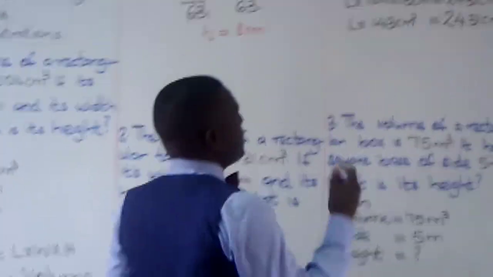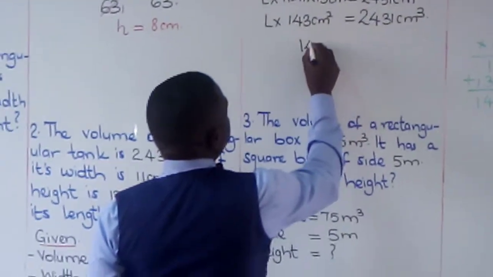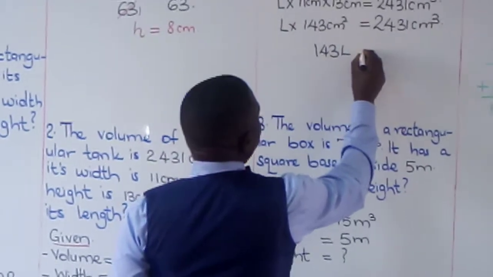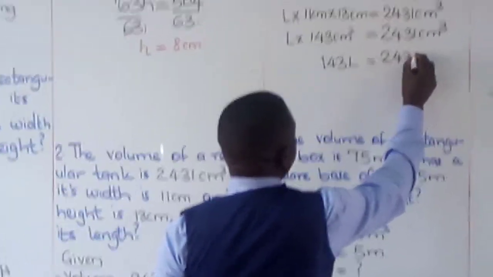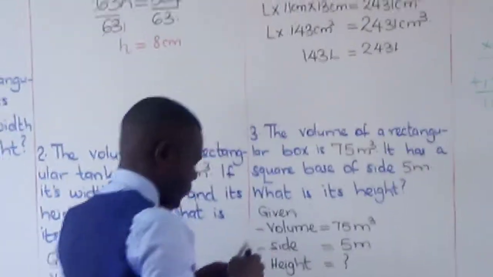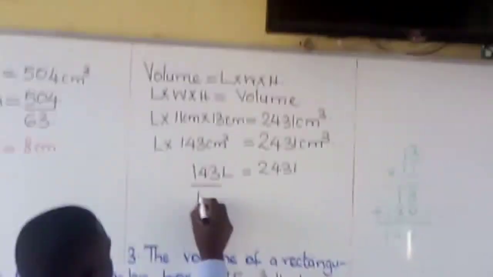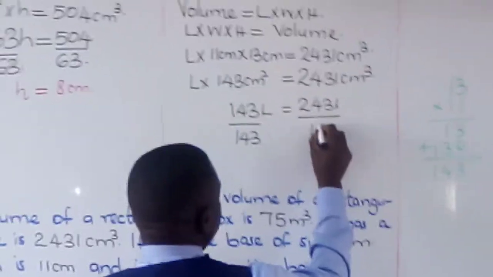The answer is 143L equals 2,431. And so, we divide both sides by 143.